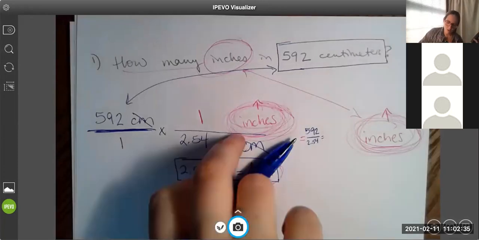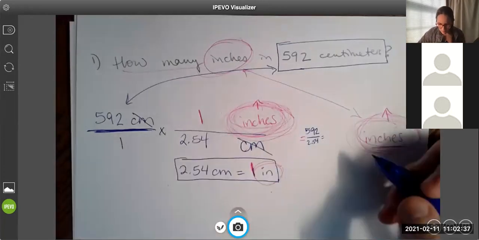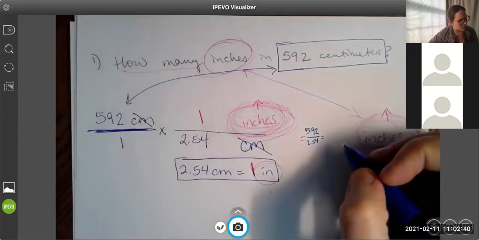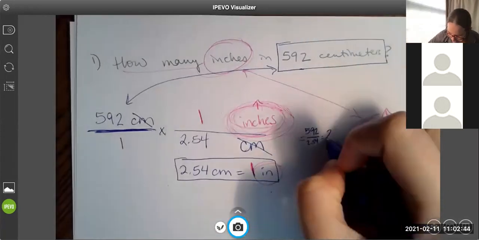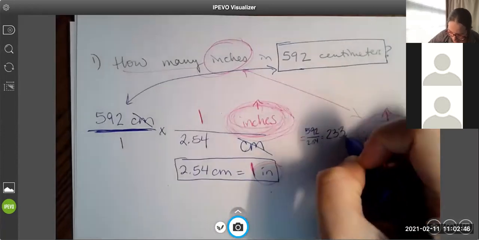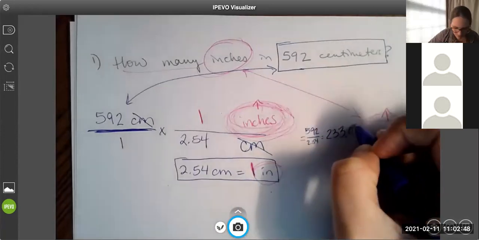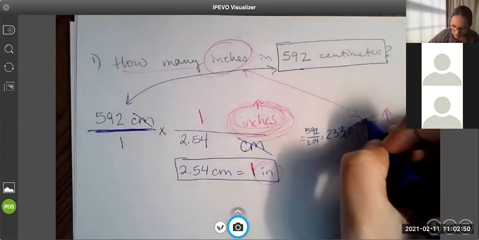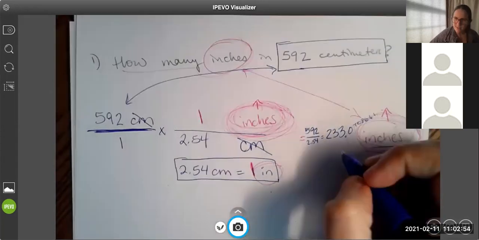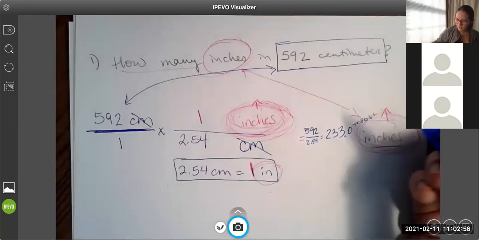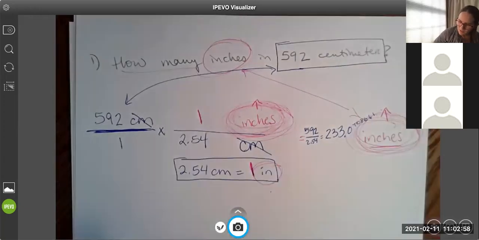Awesome. Totally agree. So we've got 233.0 and then more numbers, and some other stuff. Cool. I like it. There you go. We figured out how many inches.